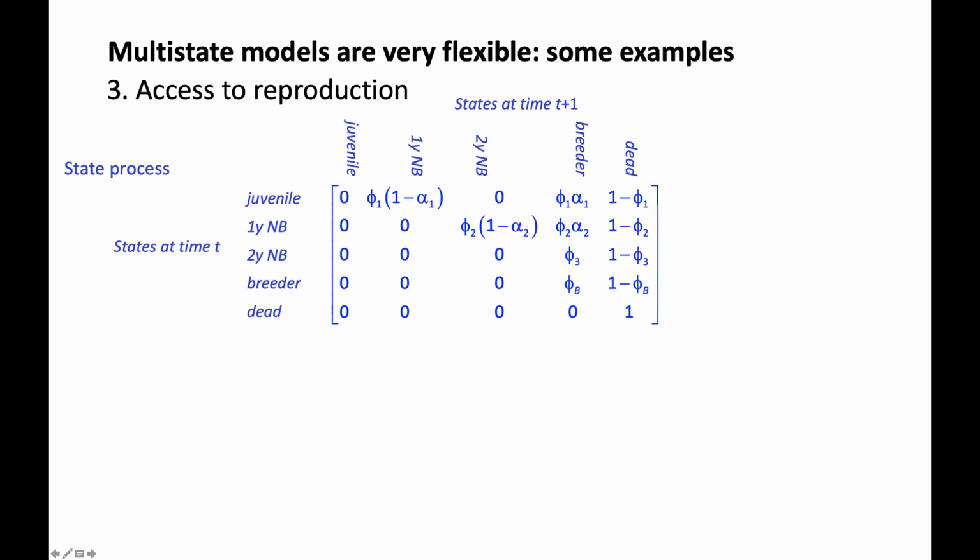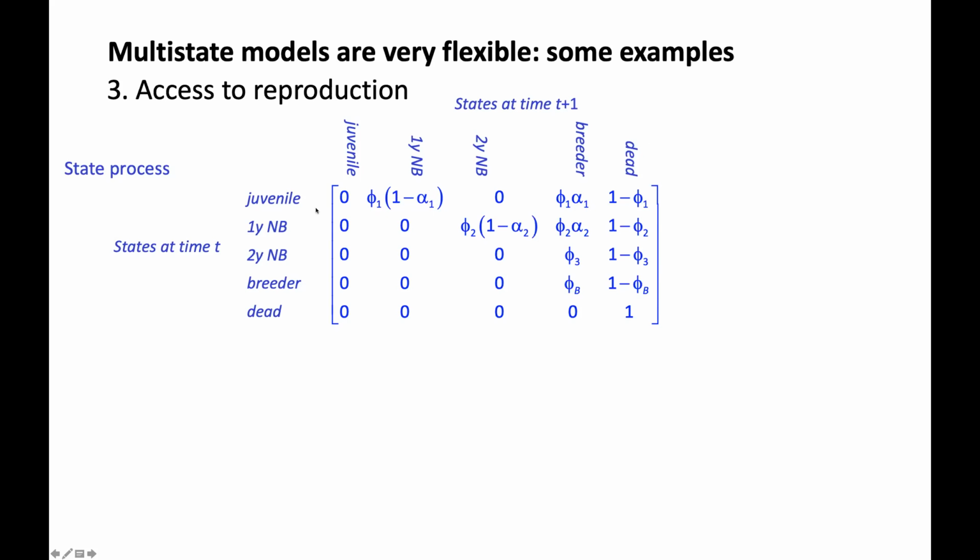And the same states here for the transition matrix, but at time t+1. If you are juvenile at time t, you become 1 year non-breeder. So you don't breed, but you have 1 more year, and you survive with some survival, but you don't reproduce.